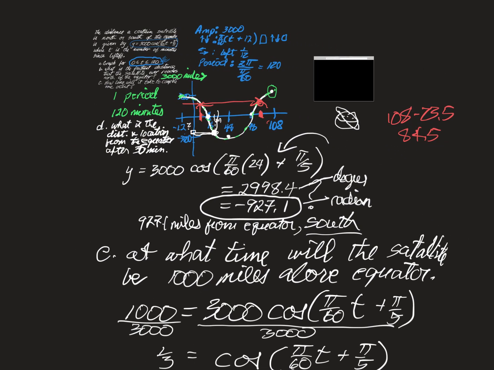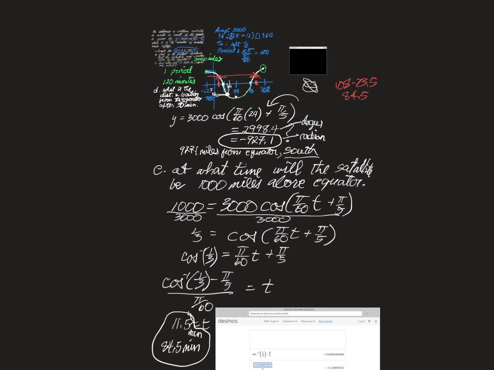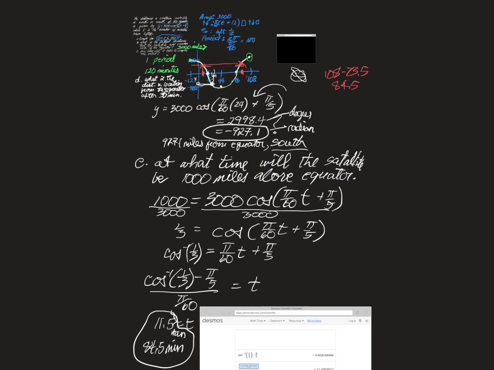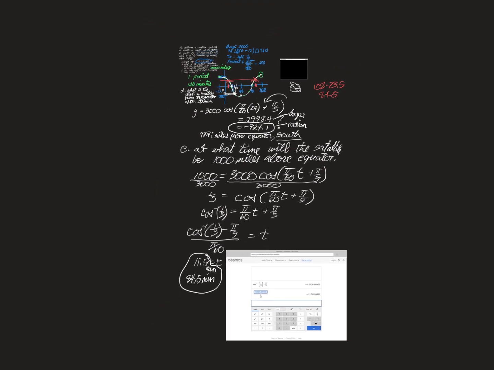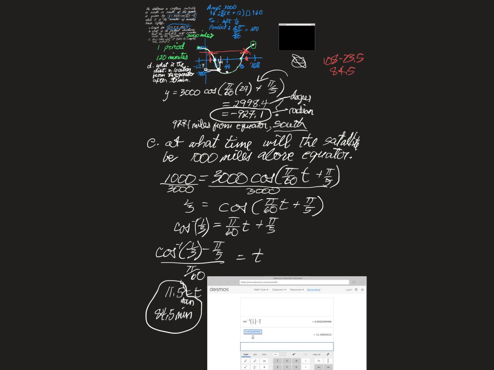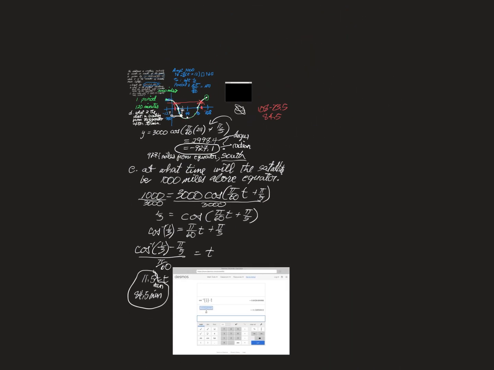What is the distance and location from the equator after 36 minutes? And then also, at what time will the satellite be 1,000 miles above the equator? All right, and that was our last answer. Okay, so hopefully that helps. That's a beautifully done problem where you're given a formula.